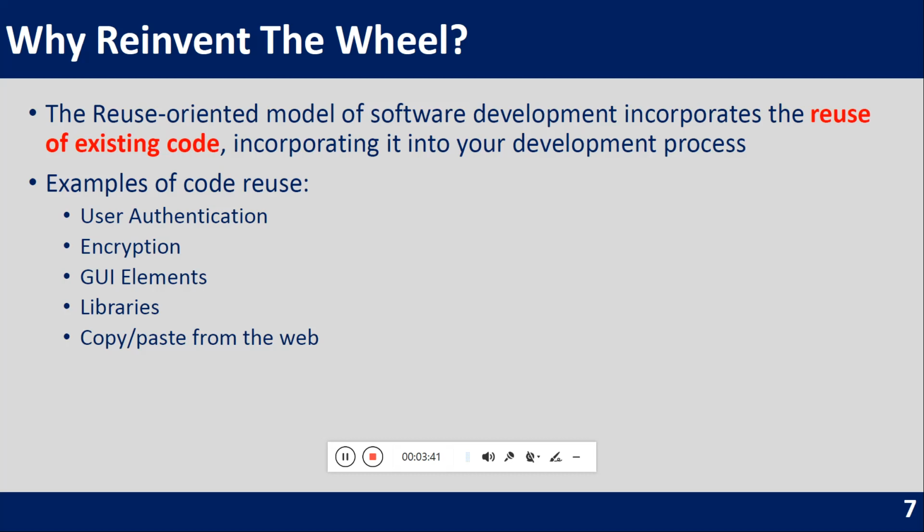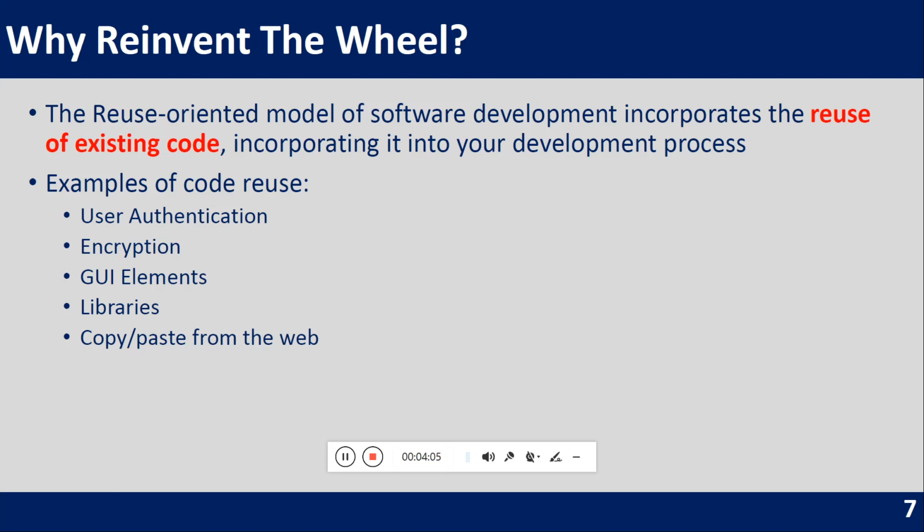Examples of reused code may be user authentication. For example, you can use reCAPTCHA to do web development and prevent DDoS attacks. And for encryption, you can use TLS, where you just reuse the existing code.